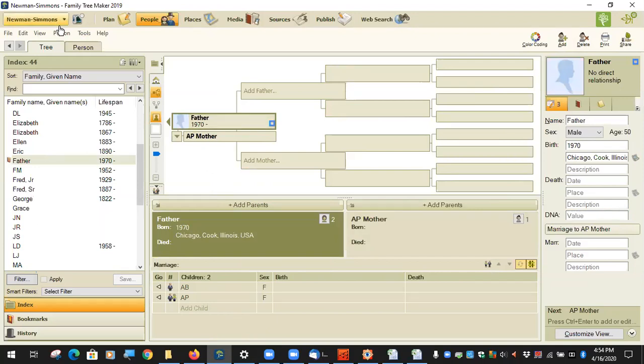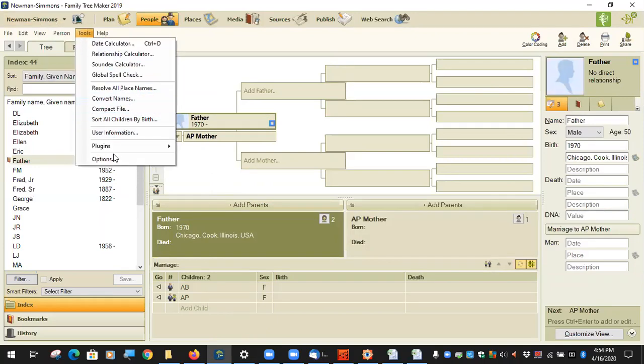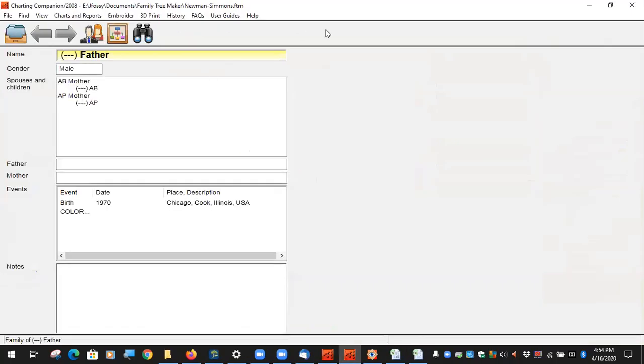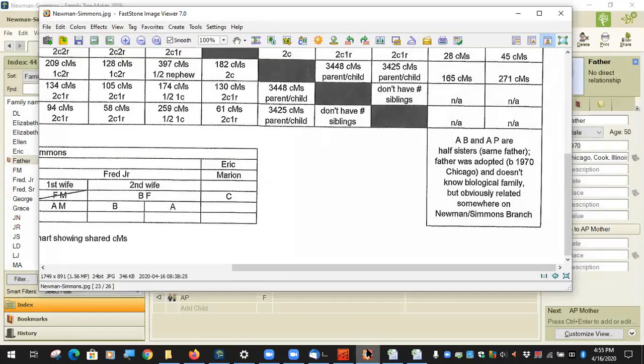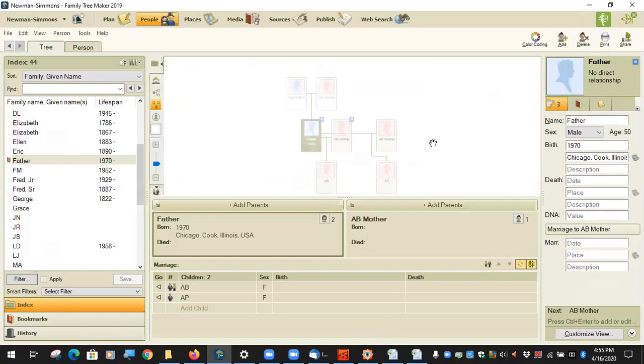So, if I go into Charting Companion, well, I don't need to do it that way. If I just go here, it's a very simple tree. Father, 2 daughters, and so they're half siblings. So it's just an isolated tree.